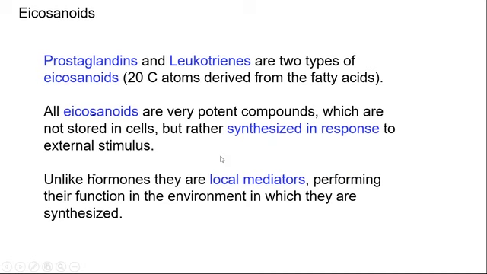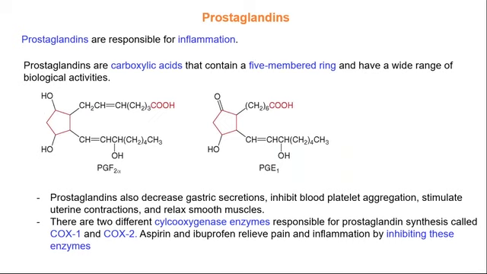And unlike the hormones, these are local mediators, and they perform their function in the area where they are synthesized. Not like hormones: hormones are synthesized in one part of the human body, but the actual function is in another part of the human body.